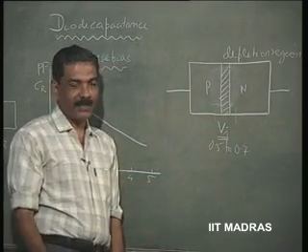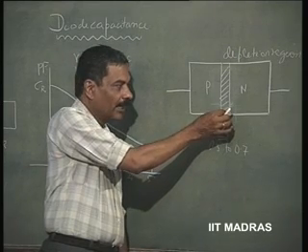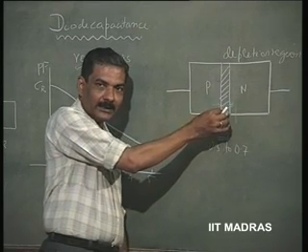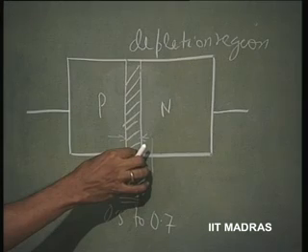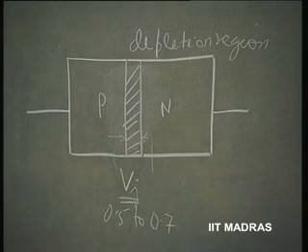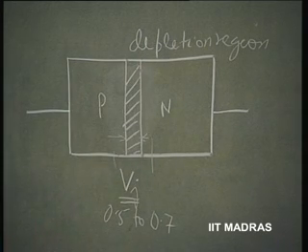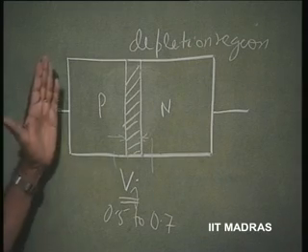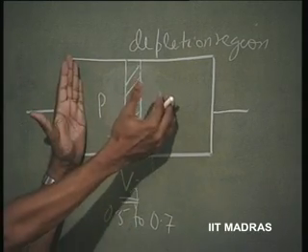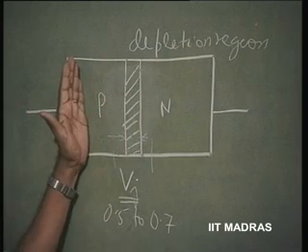When it is forward biased, the depletion region width decreases enormously, and when it is reverse biased, it increases. Now, since it is a depletion region depleted of all carriers, we can consider this region as equivalent to two parallel plates within which we have sandwiched an insulator.